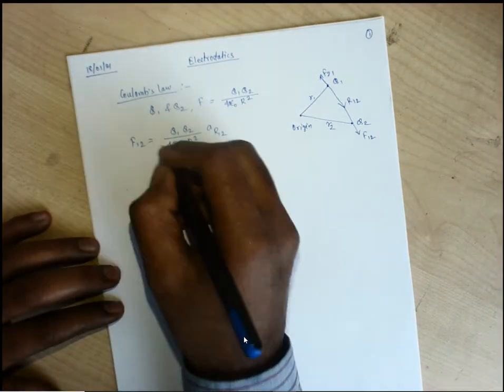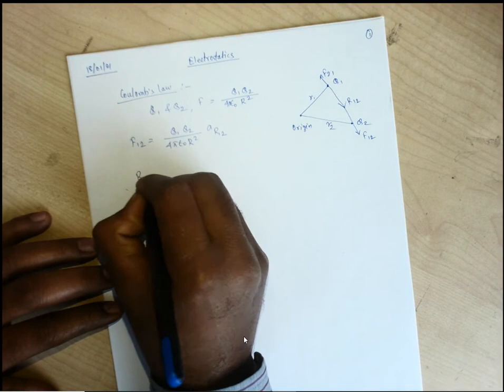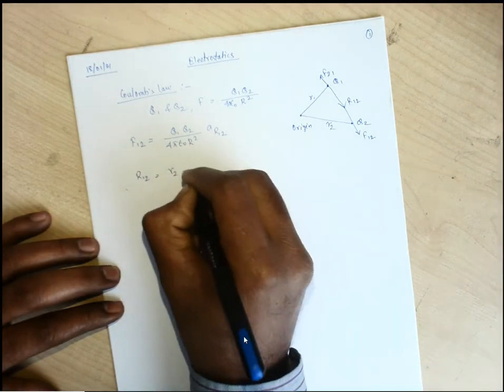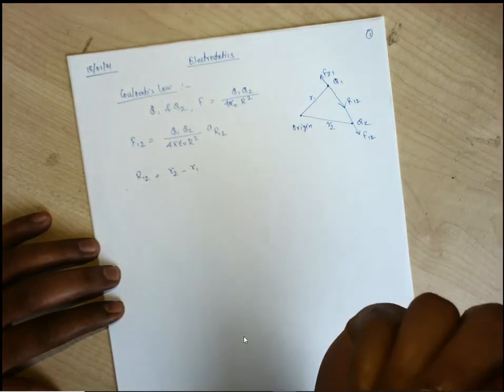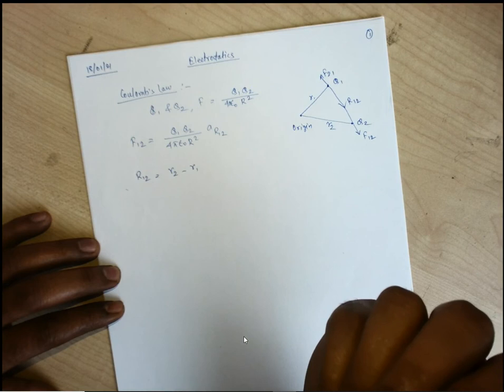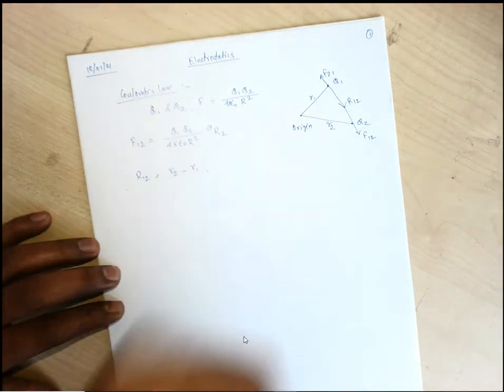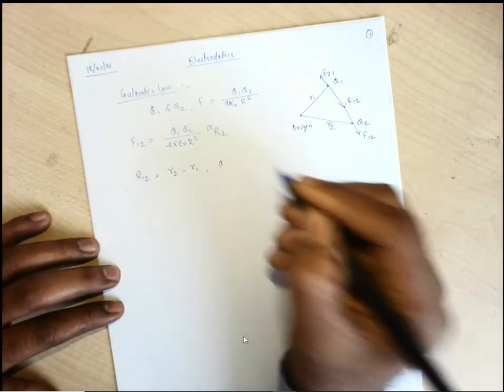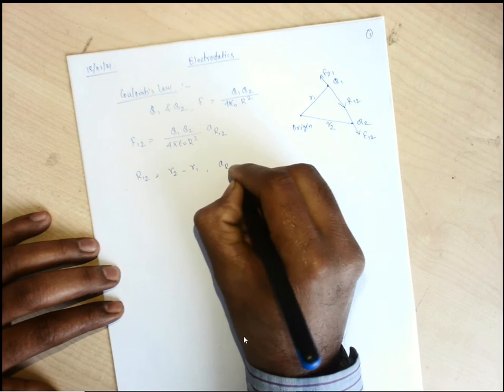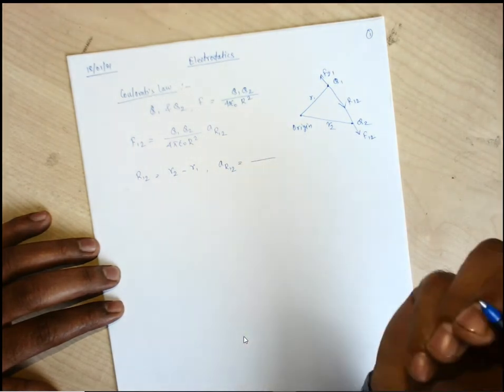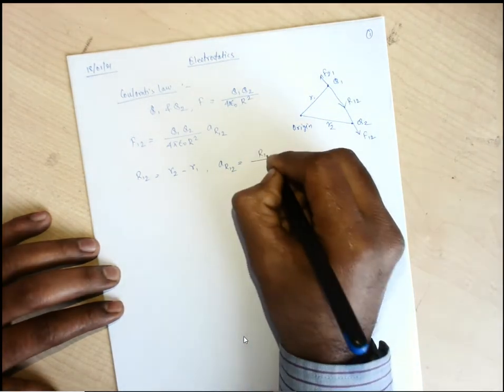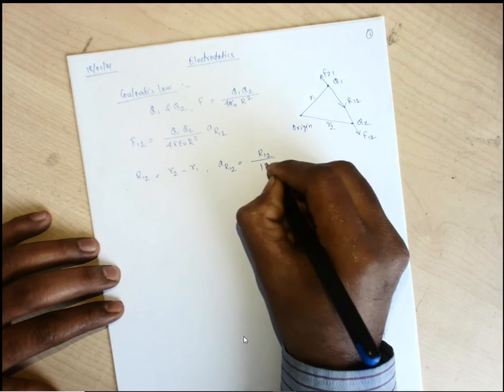So what is this r12? It is the difference r2 minus r1, right? And this unit vector a_r12 is equal to the vector by its magnitude, that is r12 by mod of r12.